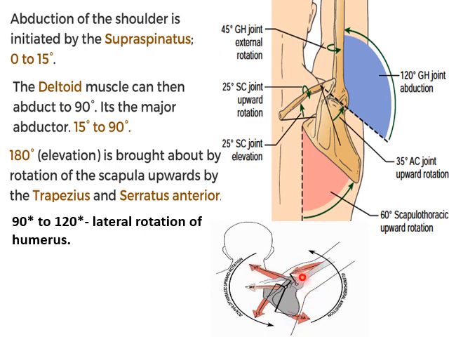So these are the prime movers, and this is how the rotation is contributed by the upper and lower fibers of the trapezius and the serratus anterior. All this contribute together as scapulohumeral rhythm.